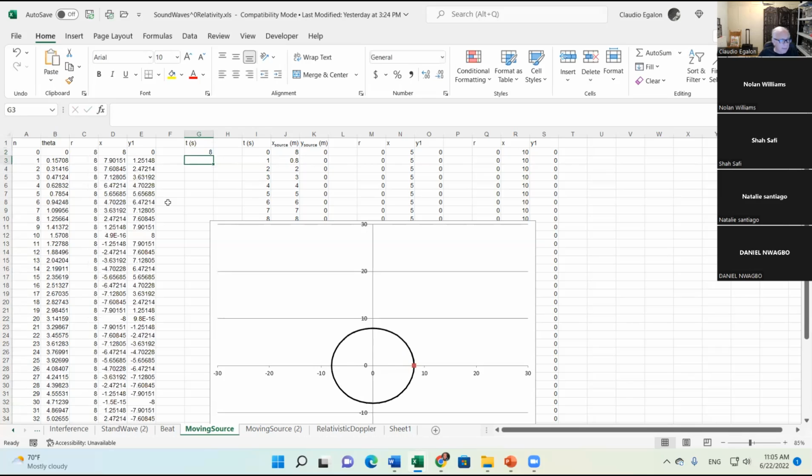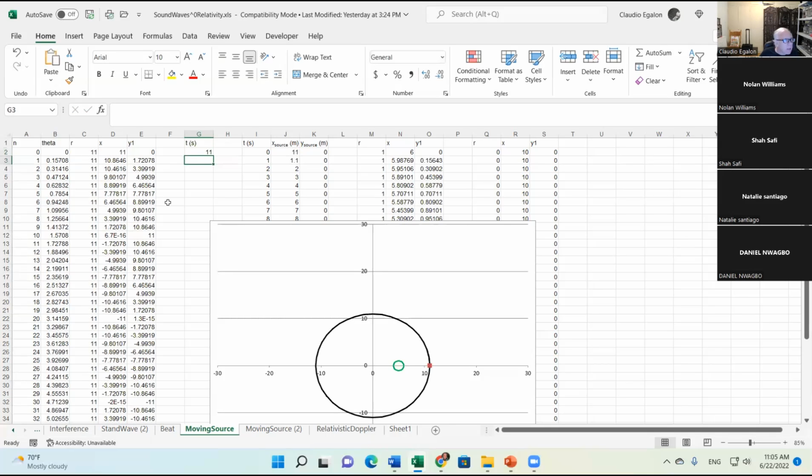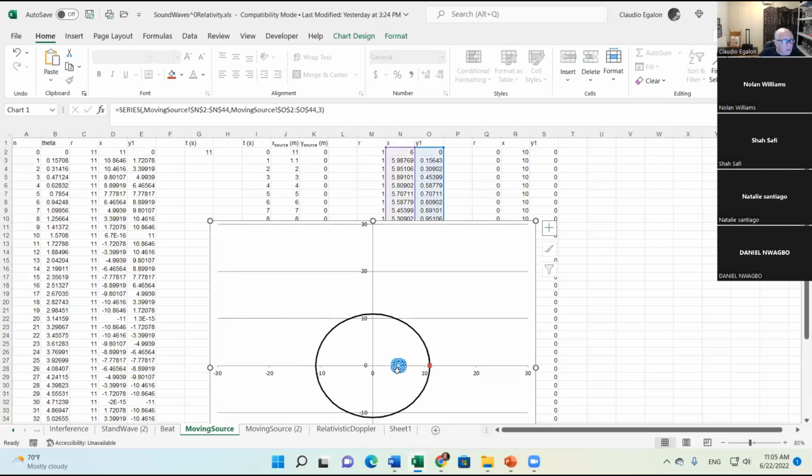Then something happens whenever t is equal to the period of the wave. The period of the wave is 10 seconds. At this very moment, the airplane is emitting a second wave. Let's take a look at what happened. 11 seconds. Hey, wait a minute. No, I have to do something else here. I have to readjust.